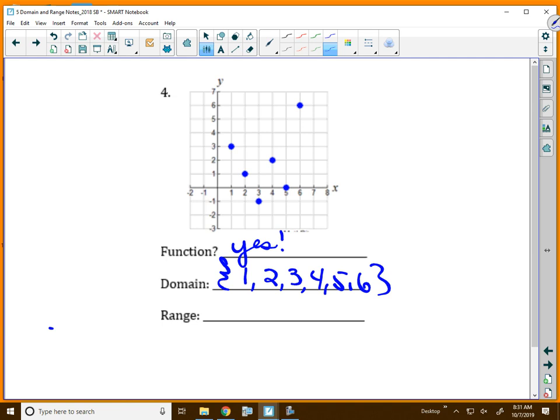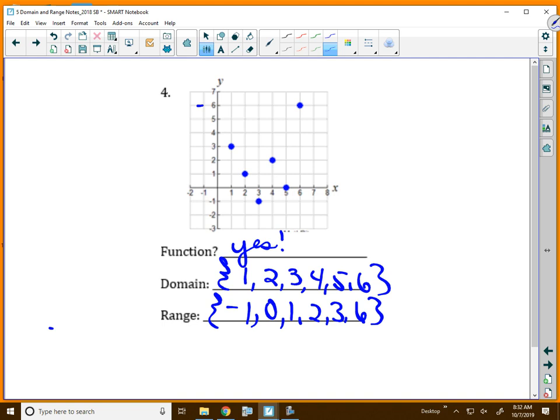Now your range is your set of y values. So we look at this axis right here. -1, 0, 1, 2, 3, and then I skip up to 6. That one you were looking at the y values from the y-axis.